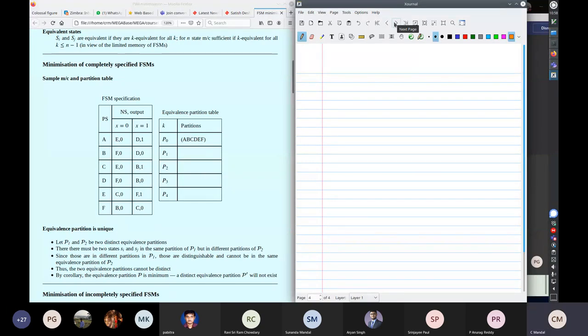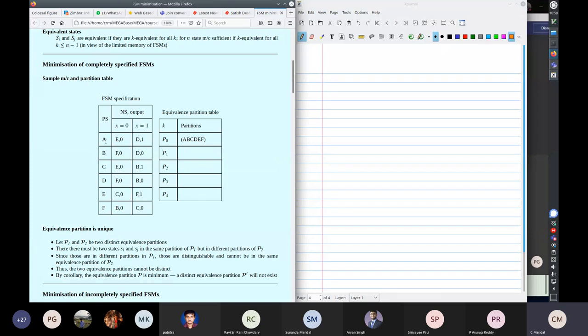So let us see. If you apply the input 0 from A, you go to state E, giving an output of 0.